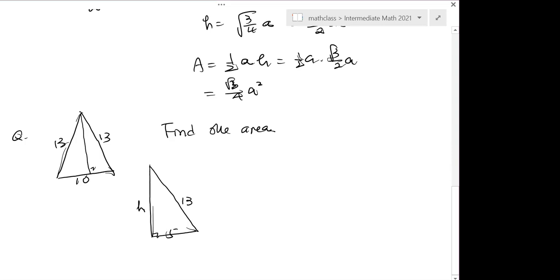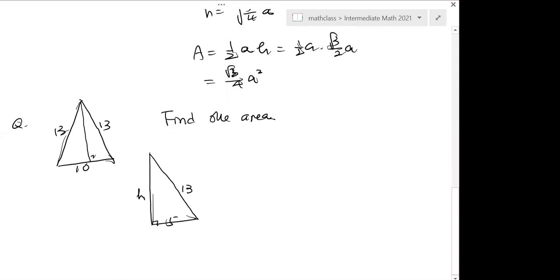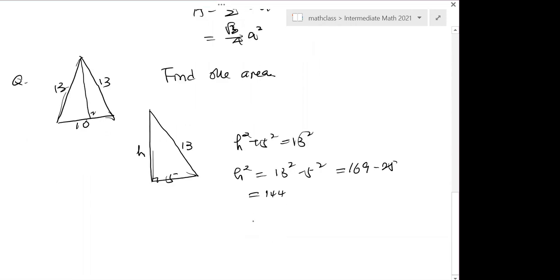So you apply the Pythagorean theorem: h squared plus 5 squared equals 13 squared. So h squared equals 13 squared minus 5 squared, which is 169 minus 25, that's 144, which is 12 squared. So h is 12.